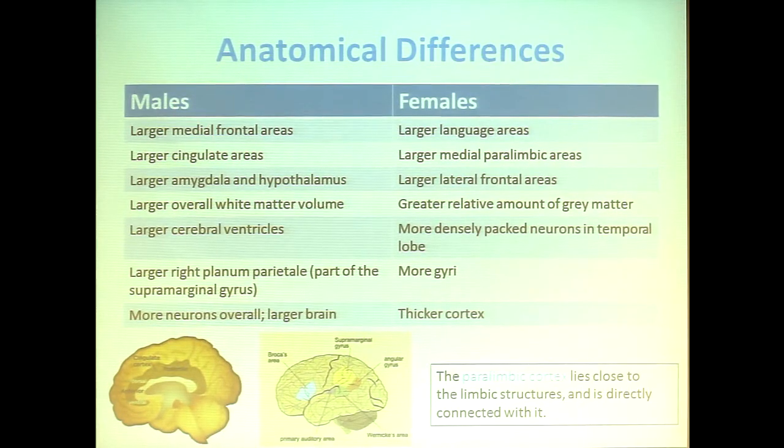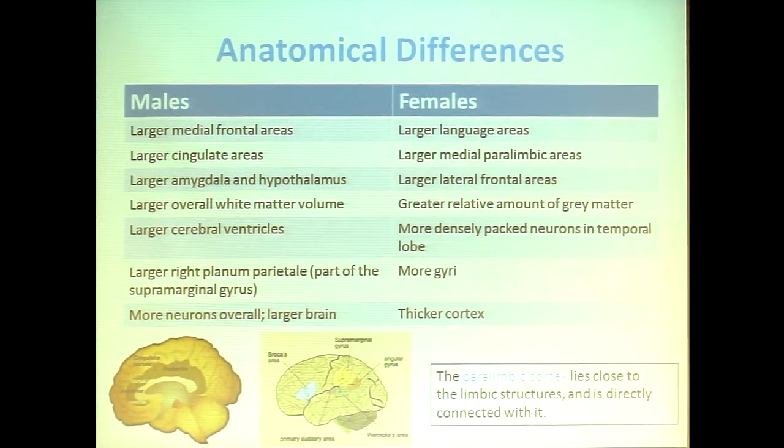There are anatomical differences as well between male and female brains. The men have larger medial frontal areas. They have larger cingulate areas. Now you remember the cingulate gyrus? I just put it in there to help you. They have larger amygdala and hypothalamus, which I thought was very interesting. I didn't know that.